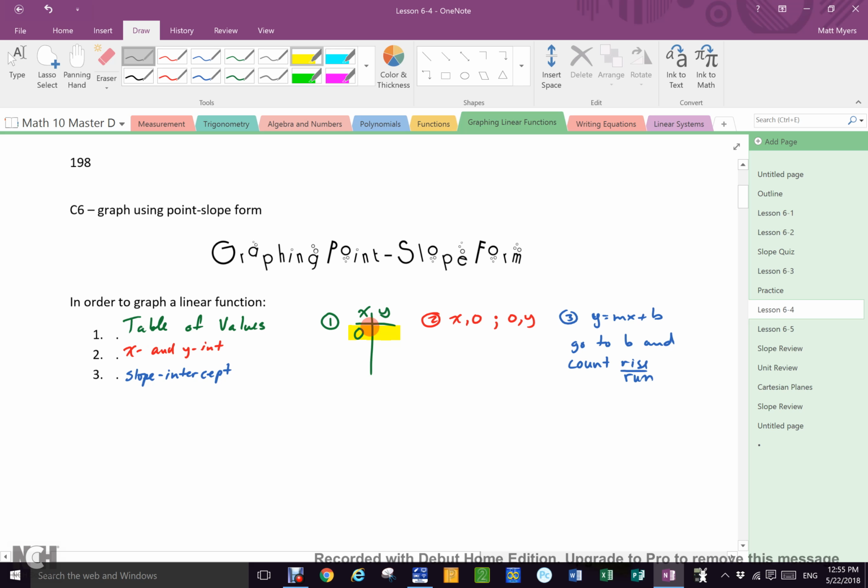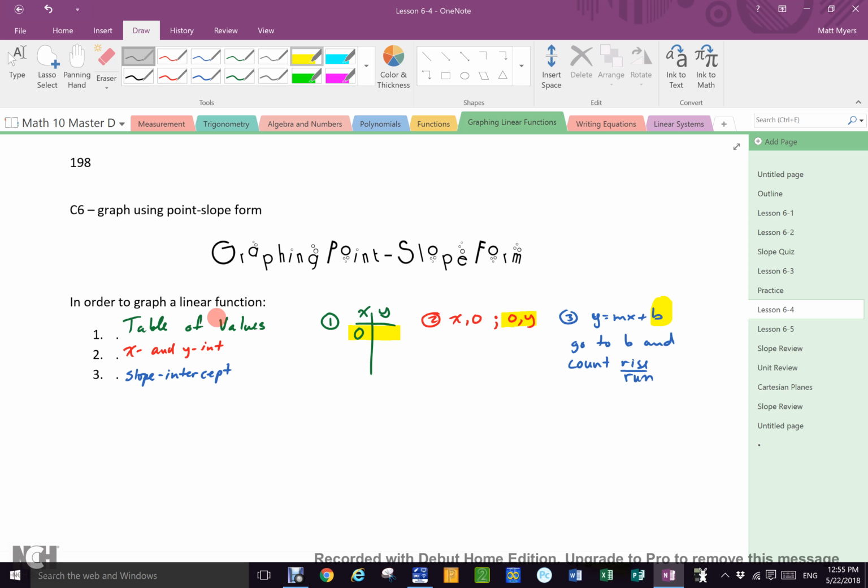When X is 0, what do you have? The Y-intercept. So you use the Y-intercept here. What did you use here? Y and X intercepts. What did you use here? What's B? The Y-intercept. So all 3 of those methods, we have to know an intercept, don't we?